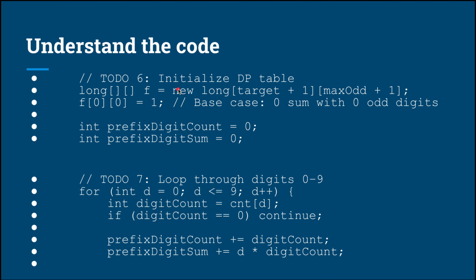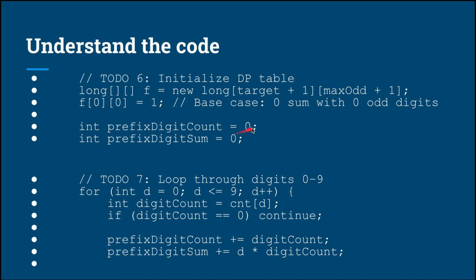In step 6, we'll initialize the dp table. We have the function array that will store target plus 1 and max odd plus 1, and we'll keep updating the states of the dp in this array. In the initial step, the state of 0, 0 will be 1, because this is the base case, and a sum with 0 digits becomes 1.